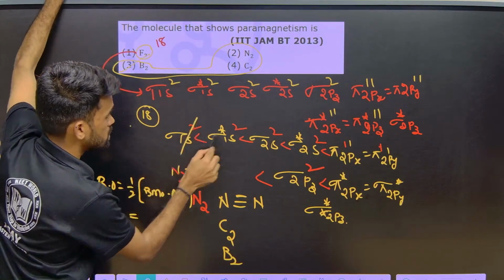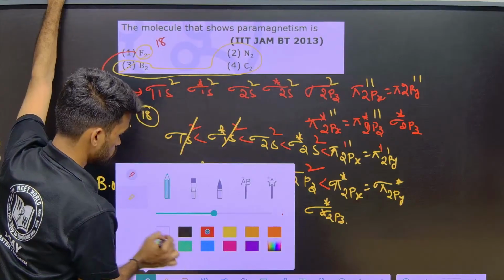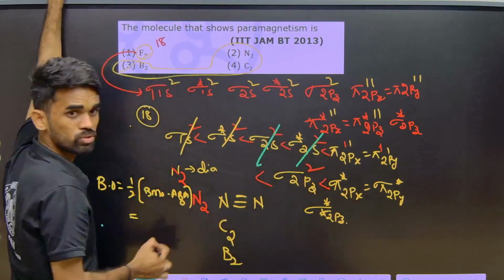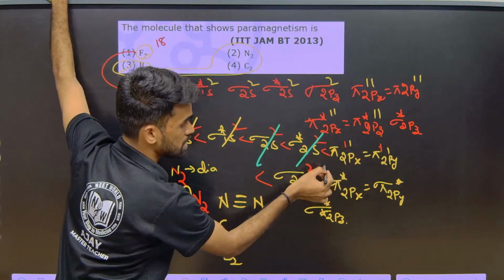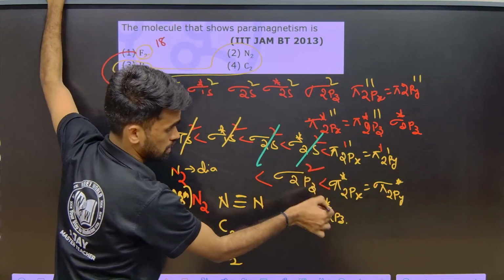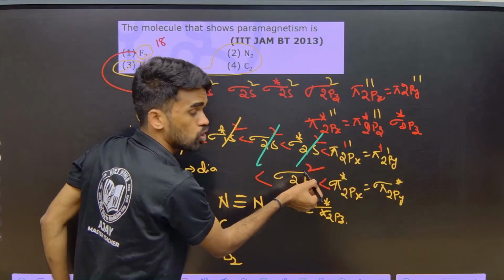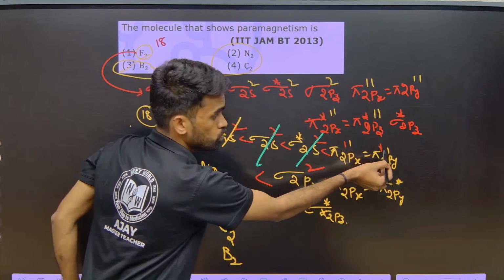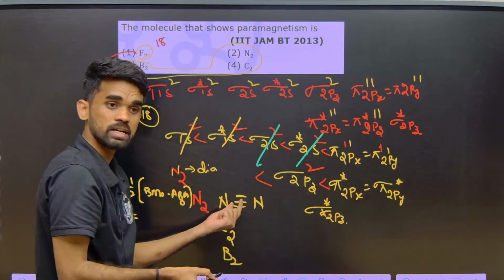See, this one, can I remove? Bonding, anti-bonding, again. These are bonding electrons, these are also bonding electrons, with no anti-bonding electrons to cancel. It means total bonding electrons are how many now? 2 plus 2 plus 2, 6, divided by 2. So that's why we got bond order 3 here.